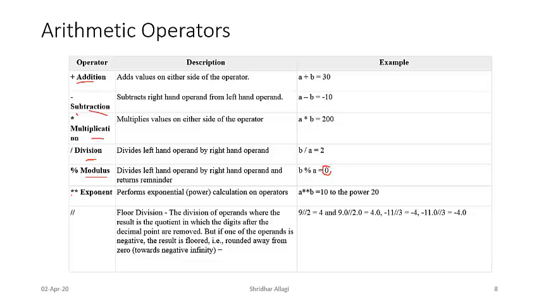Now you observe here, single star is for multiplication, double star is for exponential. Suppose if I write 2 star star 3, it is nothing but 2 raised to 3. And you can observe here, single slash is division, double slash stands for integer division or floor division.